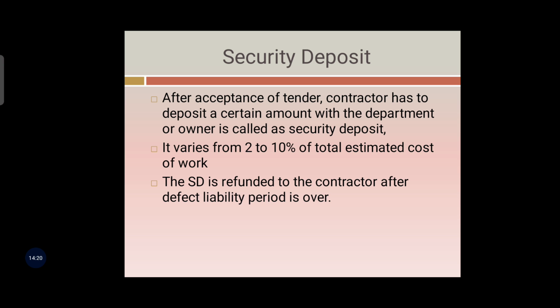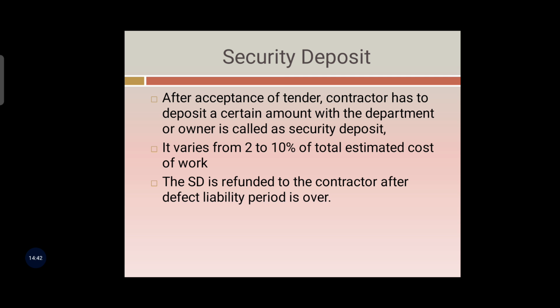Then the earnest money of 1% with the department is converted into security deposit, so that the contractor has to pay only 4%. If you have 5% of security deposit and your tender is accepted, so 1% for your earnest money is included in that security deposit, okay.